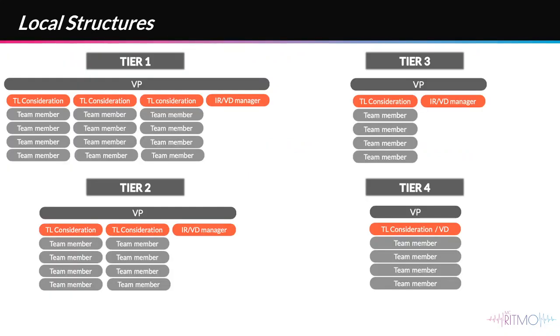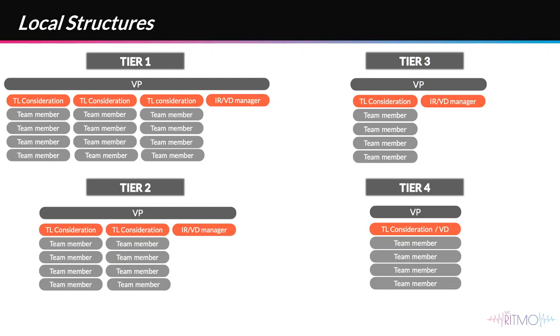So, talking about the local structure, we have, as we all know, 4 tiers, from 4 to 1. Tier 4 has a VP, then a TL consideration and TL consideration value delivery, and 14 members. Moving to tier 3, we have a VP with a TL consideration with 4 members and then an IR value delivery manager.